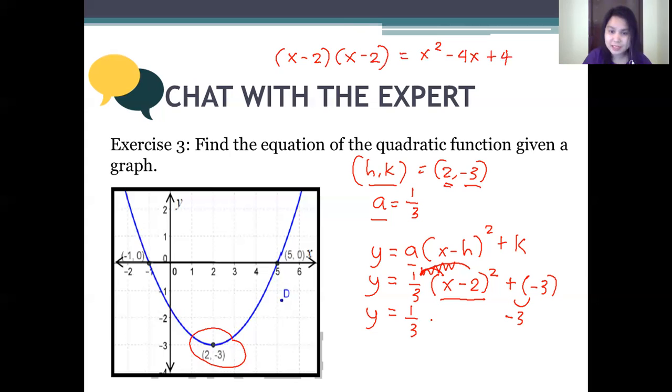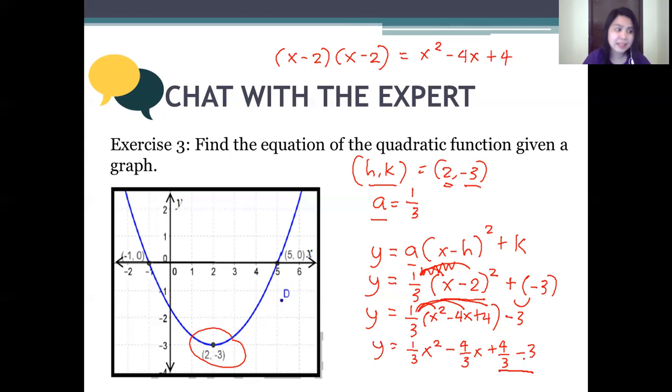So let's copy that: x squared minus 4x plus 4. We distribute 1/3 to the terms inside. So we have y equals 1/3 x squared minus 4/3 x plus 4/3 minus 3.